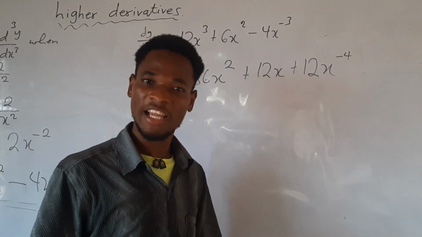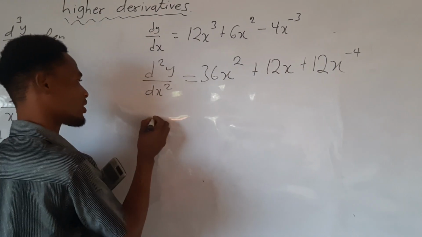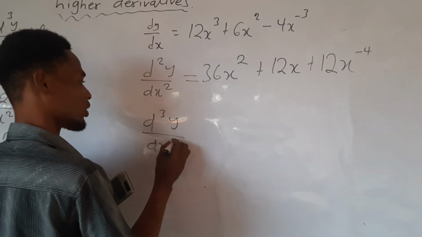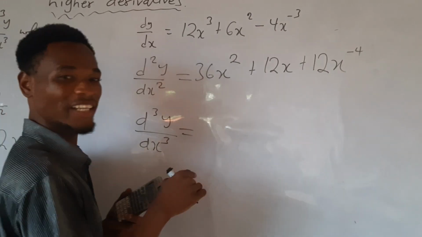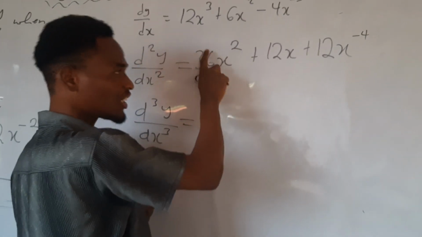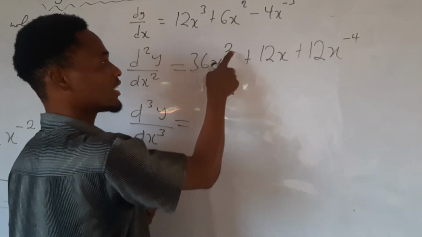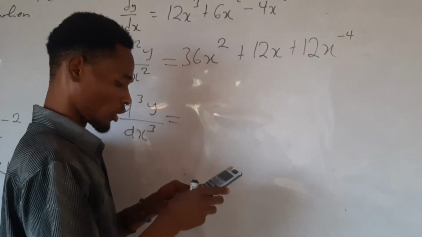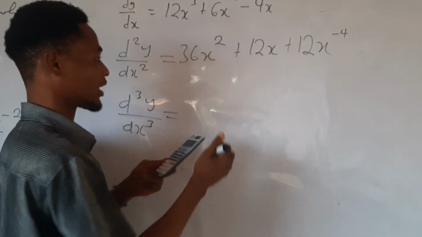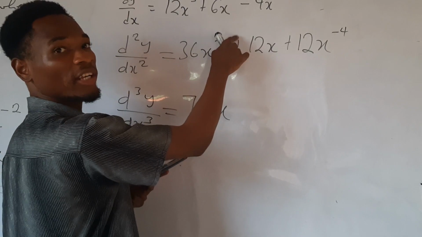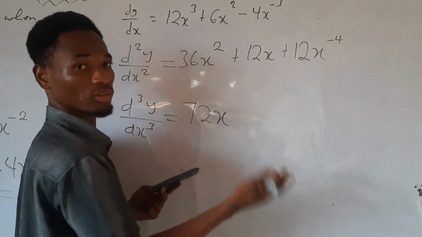Let's consider the third differential. The third differential becomes d cubed y over dx cubed. Again, you differentiate this like our normal differentiation. So 36 times the exponent 2, according to my calculator, I'm getting 72x, and 2 minus 1, the exponent becomes 1.